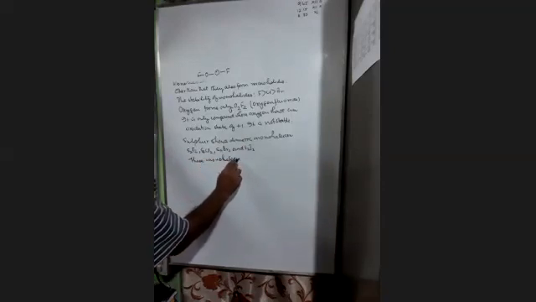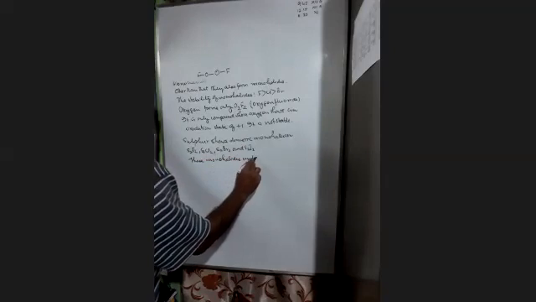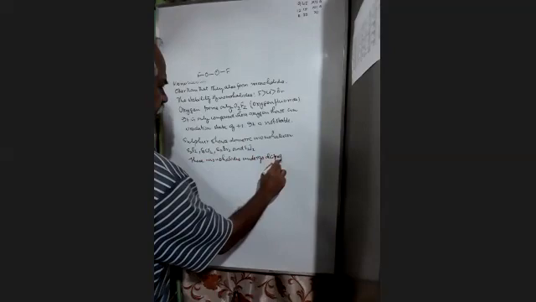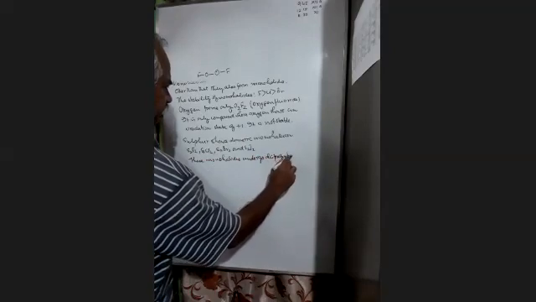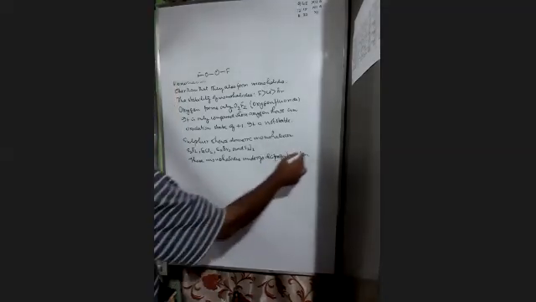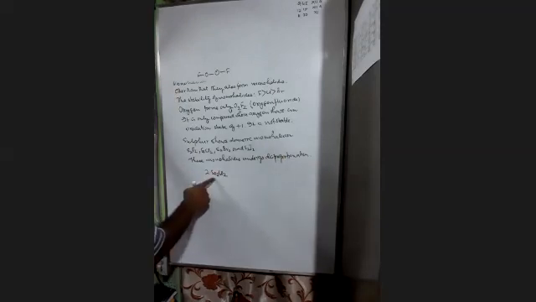These monohalides undergo disproportionation. I have already told you disproportionation in group 15. Okay, see here, 2Se2Cl2. The oxidation state of selenium is +1.